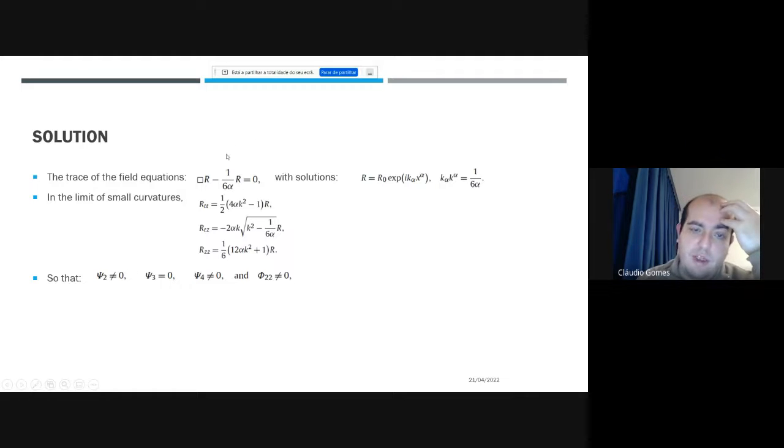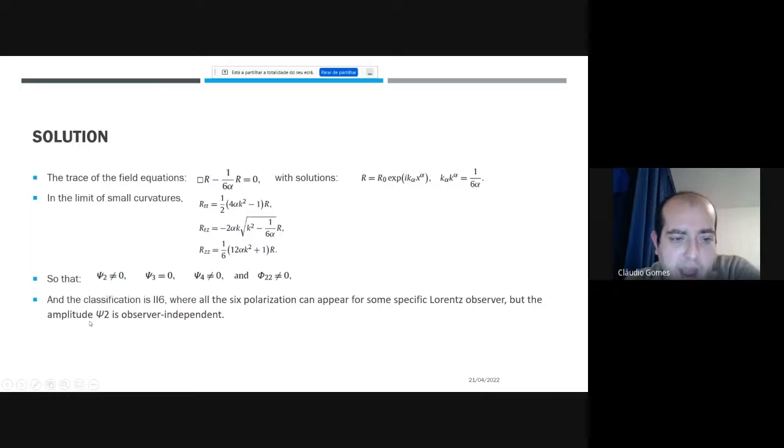In particular, we can understand that the scalar mode comes precisely from the existence of a mass term in the trace of the field equations. Usually, this gives rise to a scalar polarization.